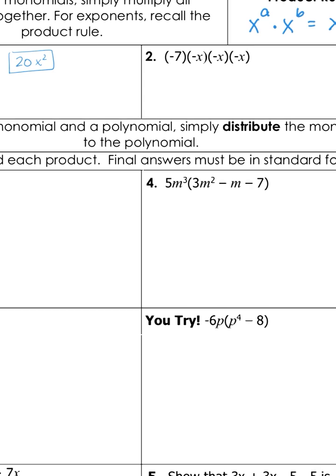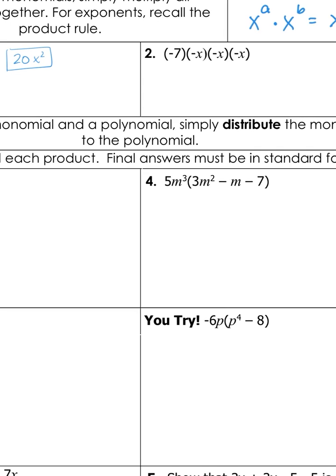Okay? Here, I have my little hidden coefficients. So really, I'm doing -7 times -1 times -1 times -1. Okay? -7 times -1 is +7. -1 times -1 is +1.